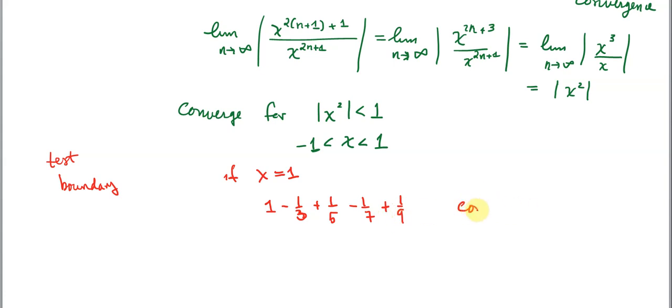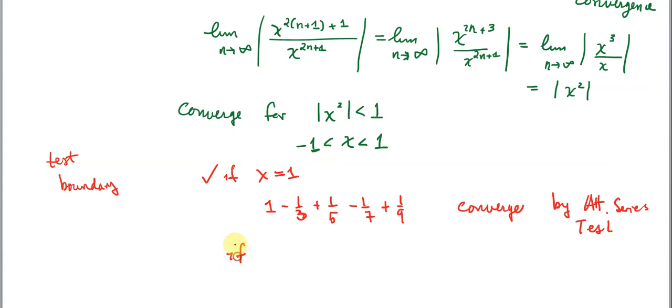And we can see that this will converge by the alternating series test. Okay, so this is good. When x is equal to 1, we will have convergence.